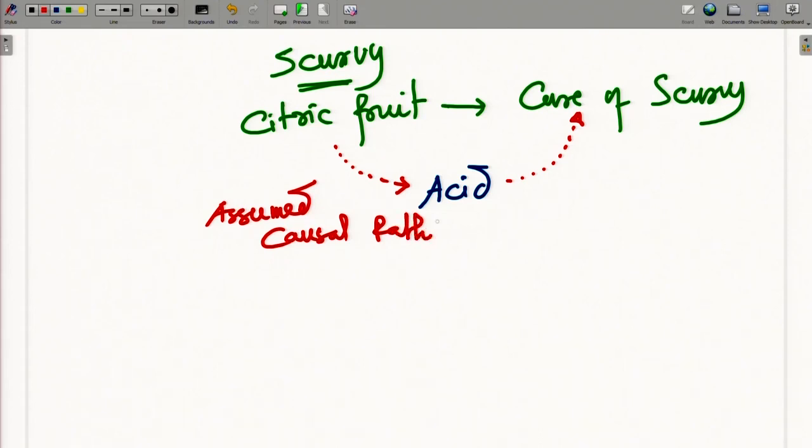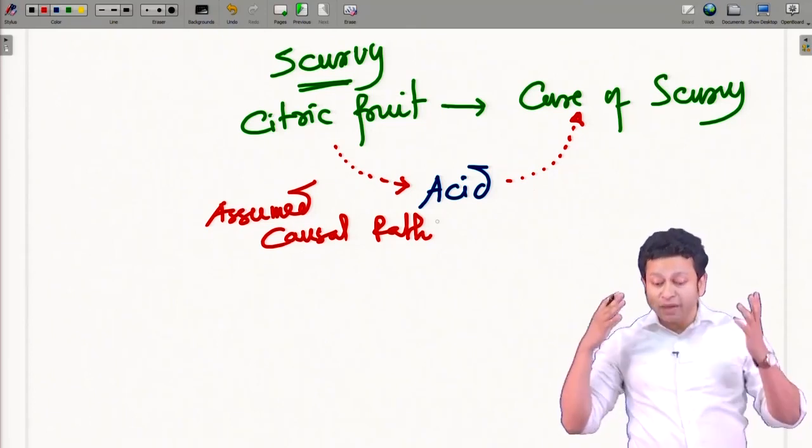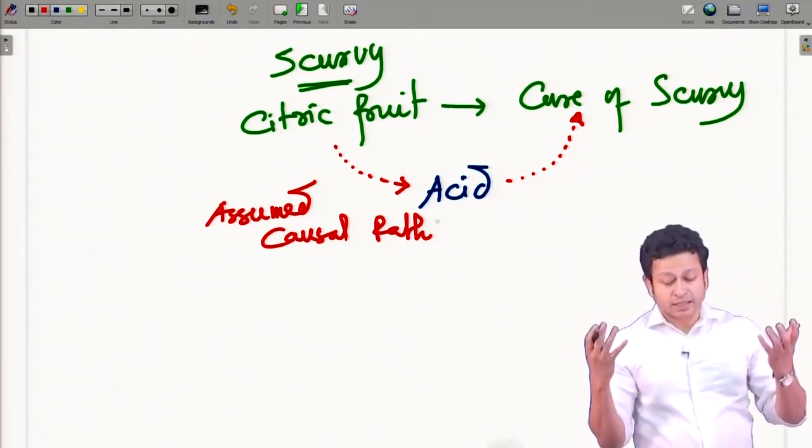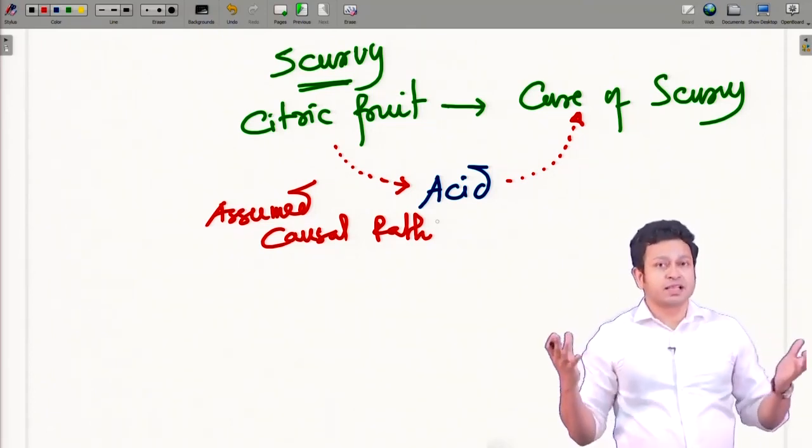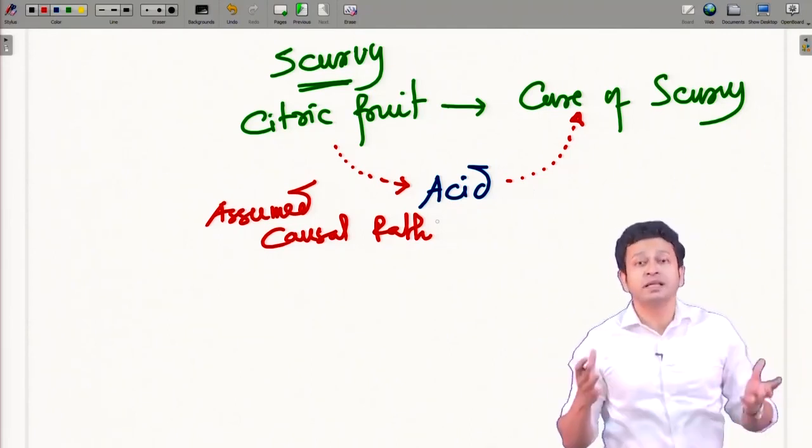Now, since people did not know the exact causal path, people started experimenting, because I don't know the exact route, so I have multiple plausible explanations.